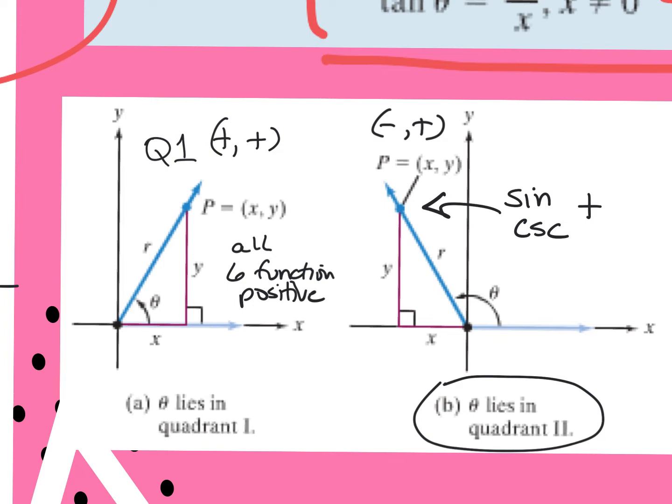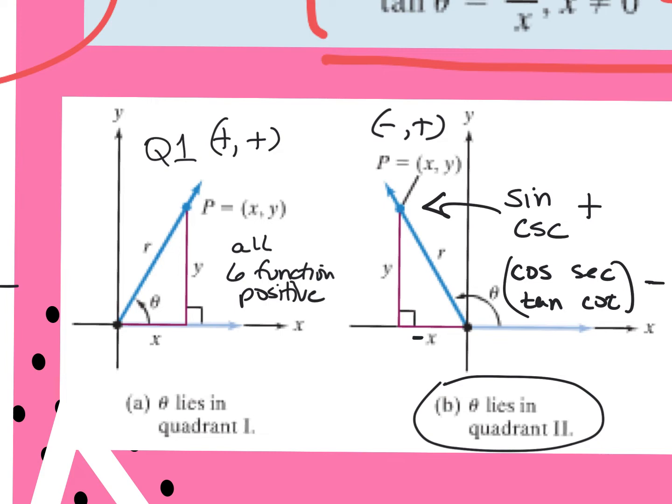The other 4, cosine, secant, tangent, and cotangent, are all going to be negative fractions because of the ordered pair sign in quadrant 2. Remember, the x in this quadrant is going to be negative. So if the ratio or the function has an x in it, that's how you can tell it's going to be negative. And that's why these 4 are all negative, because they all have an x in them.